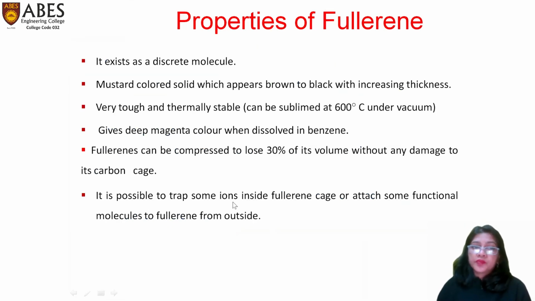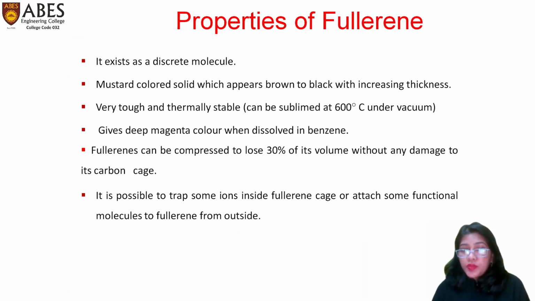The properties of fullerene. The C60 molecule exists as a discrete molecule. It is mustard colored, and as the thickness is increased, its color changes from brown to black. It is very tough and thermally stable, and it can be sublimed at 600 degrees centigrade under vacuum.